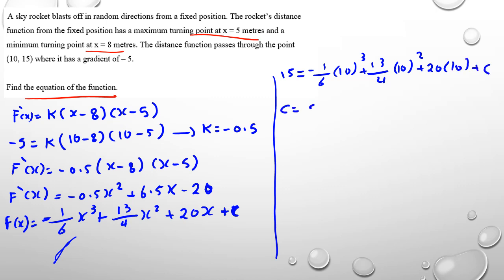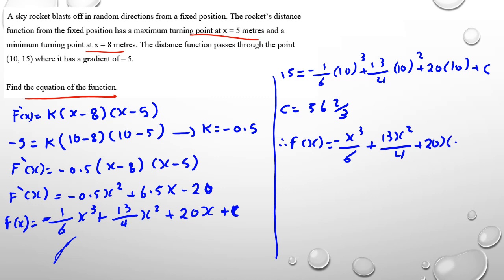And c is 56 2 over 3. So my equation of the function is negative x to the power of 3 over 6 plus 13x squared over 4 minus 20x plus 56 2 over 3. You don't have to simplify it any further.